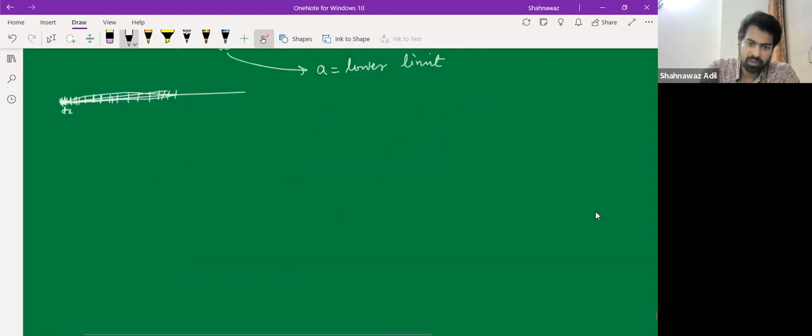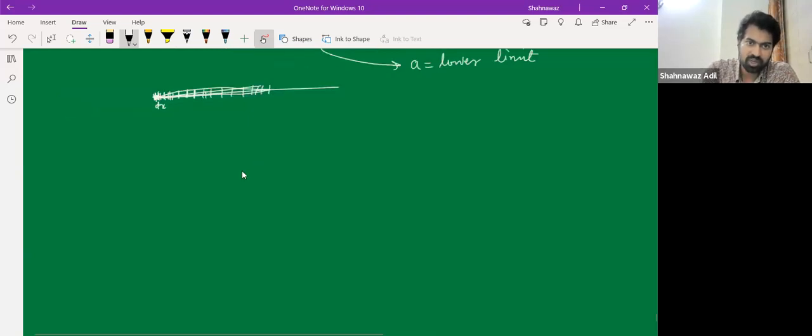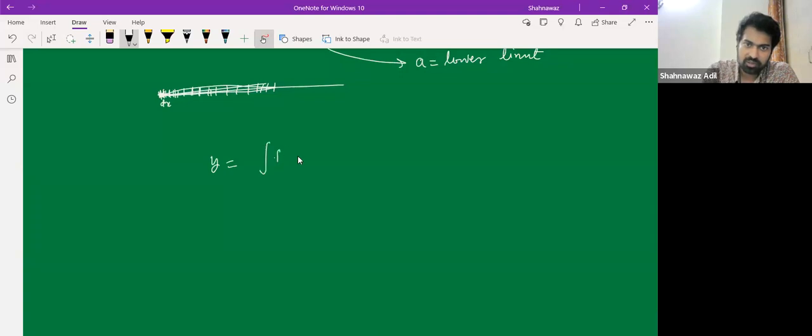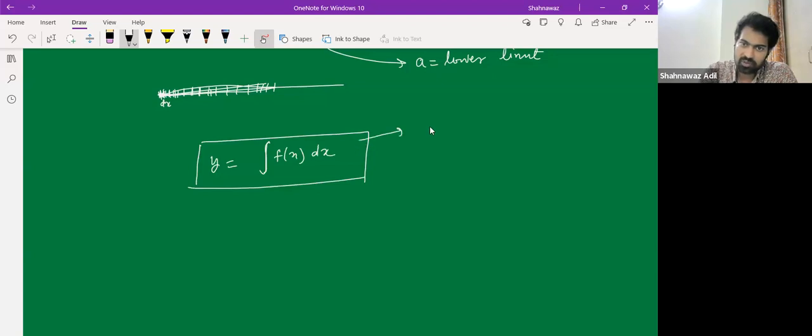So how do we denote this integration? Just know this: we have the integral of f(x) dx. In this, we don't have a limit. So this is called the indefinite integral.